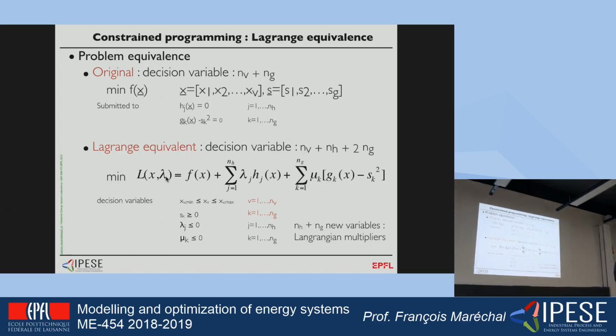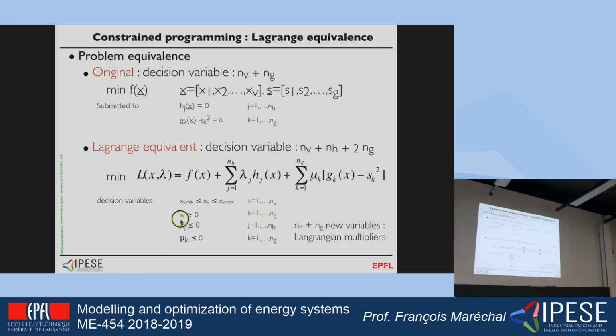Instead of having to find only the value of x, the decision, the state variables, I have also to find the value of the Lagrange multipliers. So I have more variables. But what you can see here is that I have no more equality equations. So I'm back to a problem that tries to minimize an objective function without constraints, except constraints on the variables.